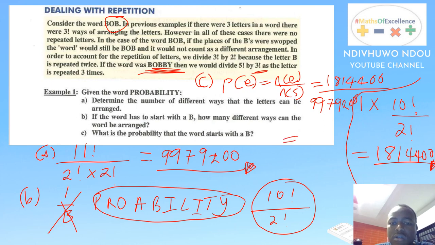So we're just going to use a calculator and get the answer. 1,814,400 divided by 9,979,200 gives me 2 over 11. In decimal, it's going to be 0.18, rounded off to 2 decimal places. So that will be the probability that the word will start with B.